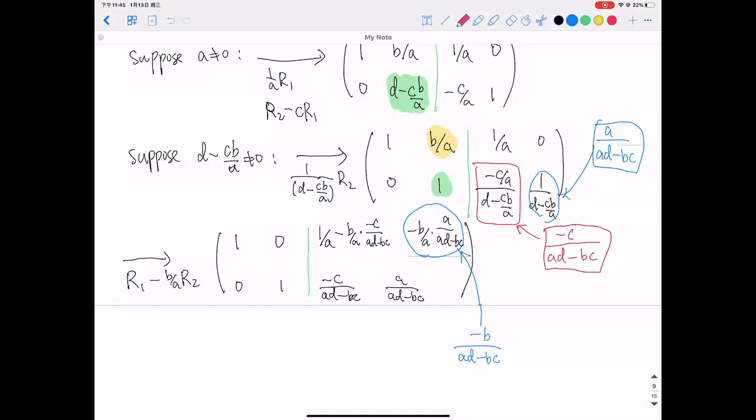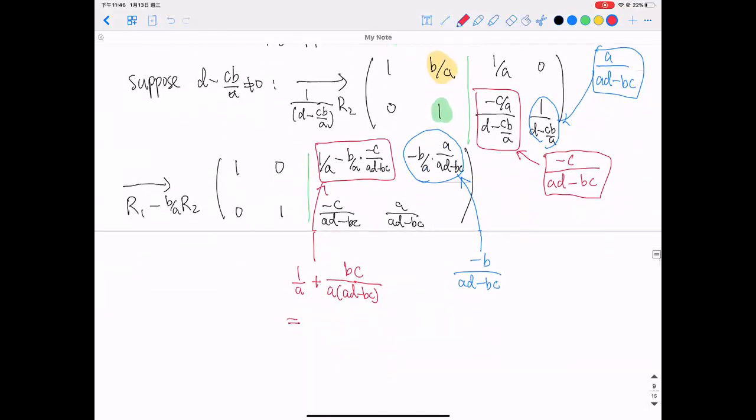Now, over here, you have something slightly more complicated. You have 1 over A minus, times AD minus BC, another minus, it's a plus now, BC.